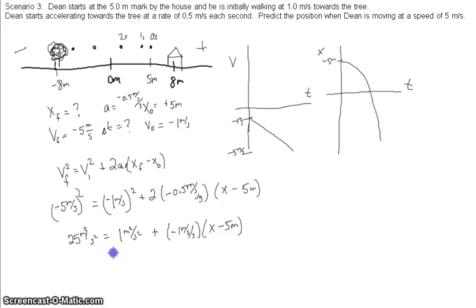Alright, subtract 1 from each side. You have 24 meters squared over seconds squared is equal to negative 1 meter per second squared times the quantity x minus 5 meters. Divide both sides by 1 meter per second squared.